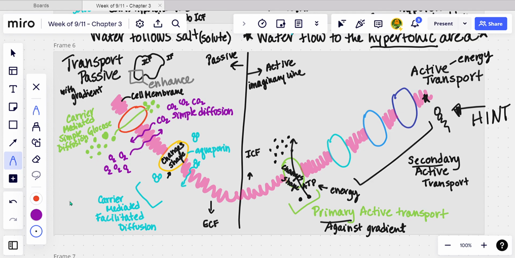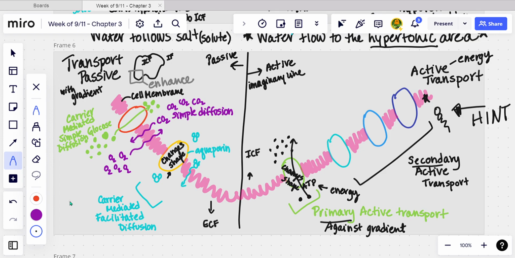You step on it and it opens. So water goes up to it and it opens. But over here, these molecules that we're pumping into the ICF, we need a shape change to move the molecule, but we also need ATP, and that's what makes it active transport.